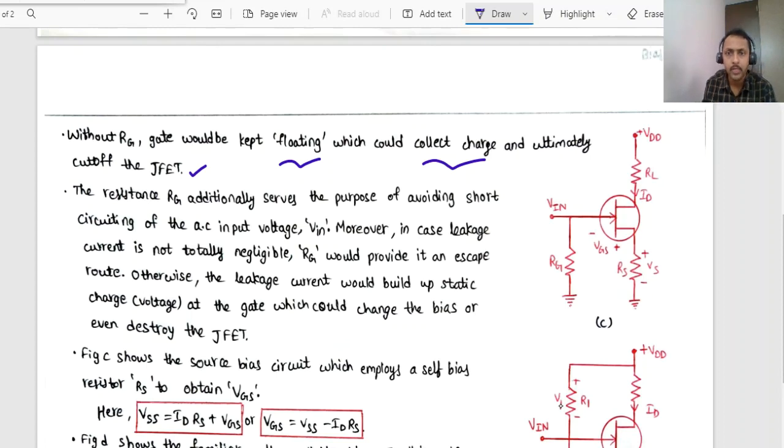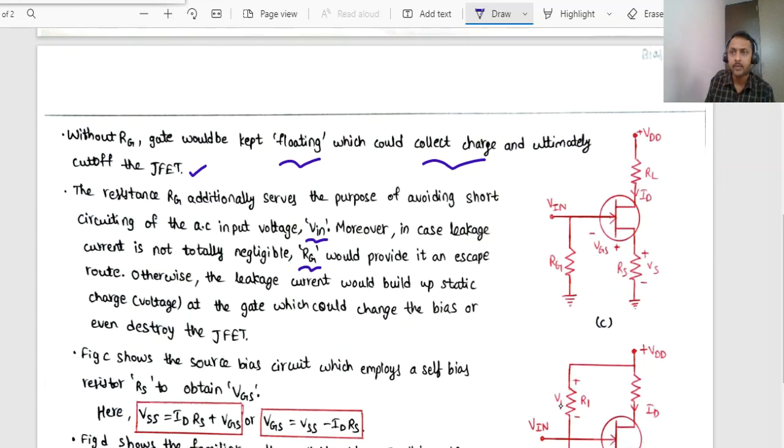One more thing: the resistance RG additionally serves the purpose of avoiding the short circuiting of the AC input voltage that you apply at the input terminals. Also, if the leakage current is not totally negligible, this resistor will provide a path for the leakage current to escape.